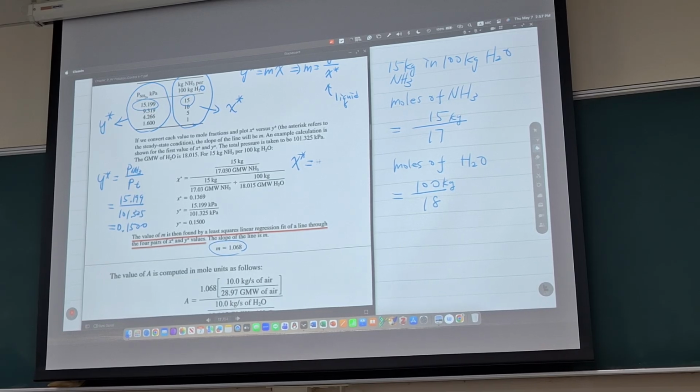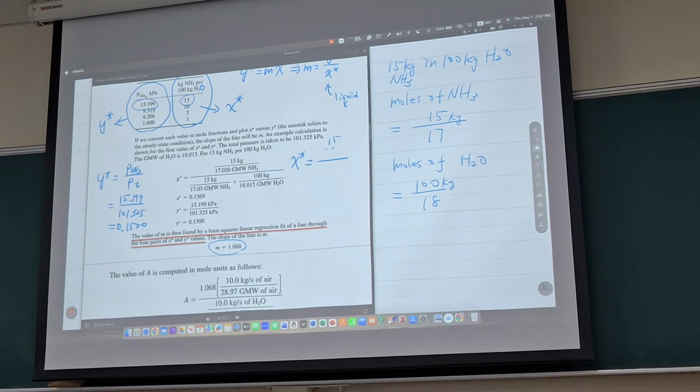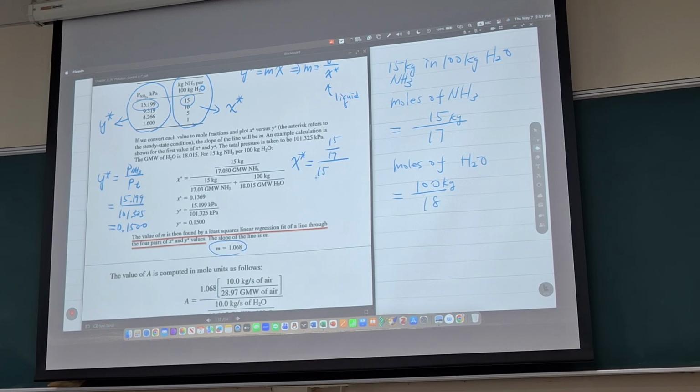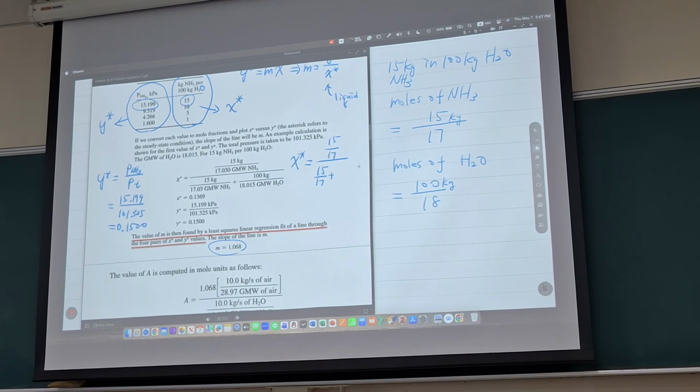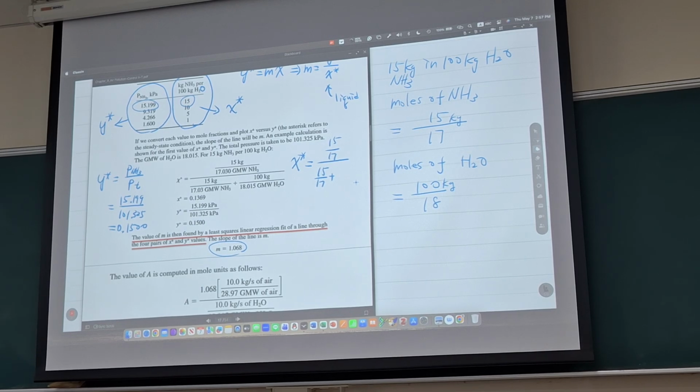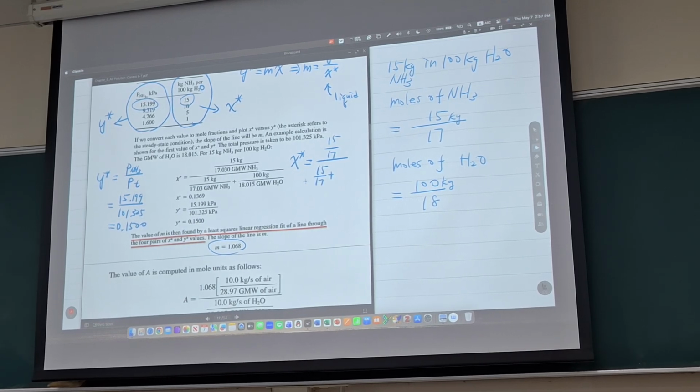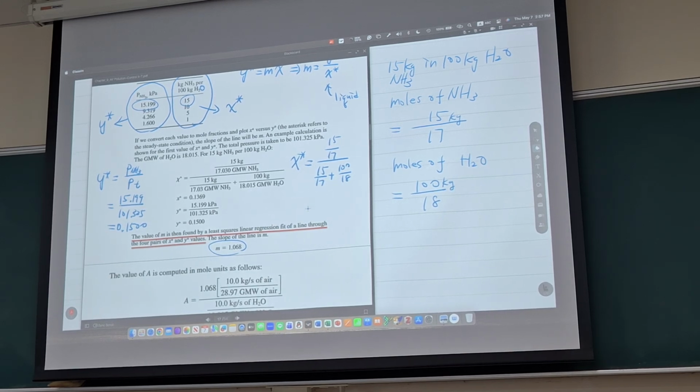So the mole fraction will be 15 over 17, over 15 over 17 plus, because the denominator will be total, right? 100 over 18. Okay, we got something like 0.1369 here.